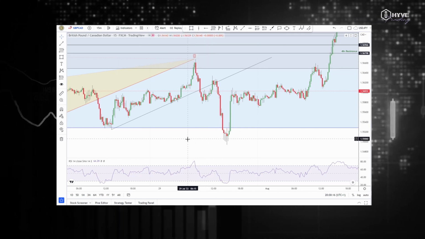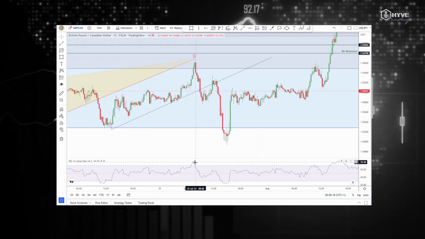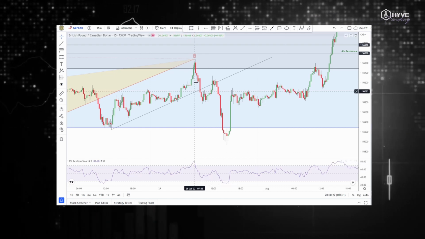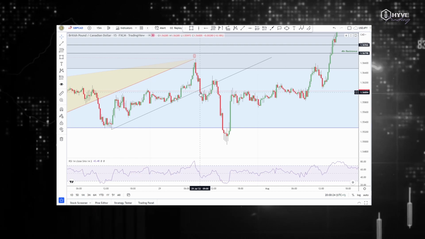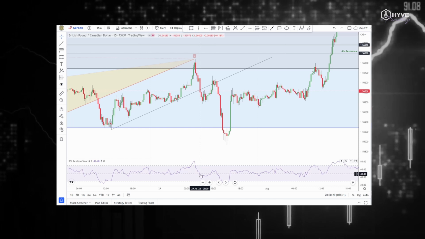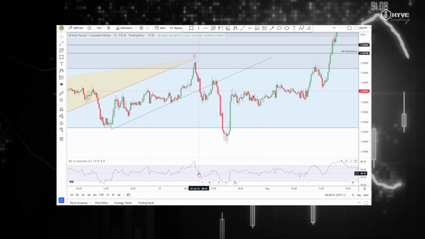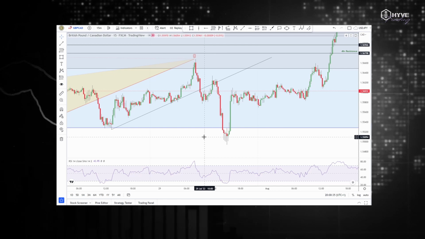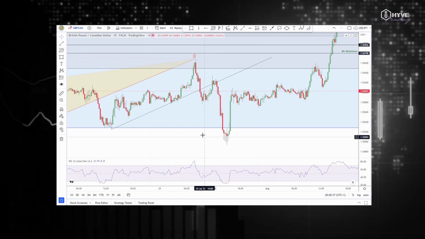But also, if you look at it as momentum, you can see price came in and then turned around, and by the time it had broken my trend line, the momentum was way down here, signaling to me that there's a potential downtrend about to begin.